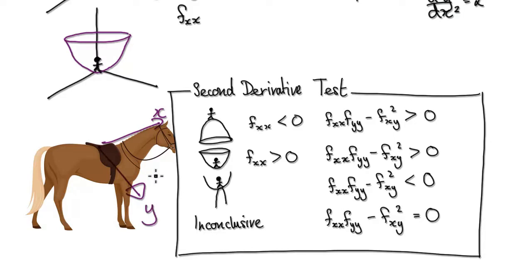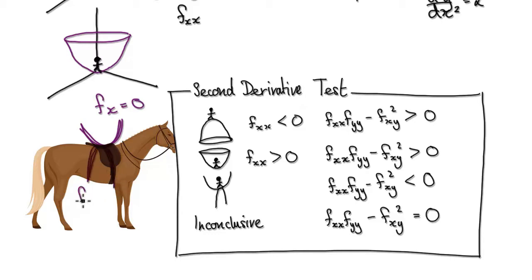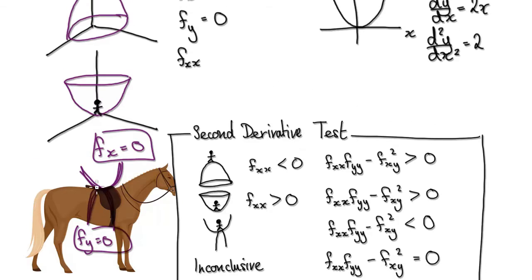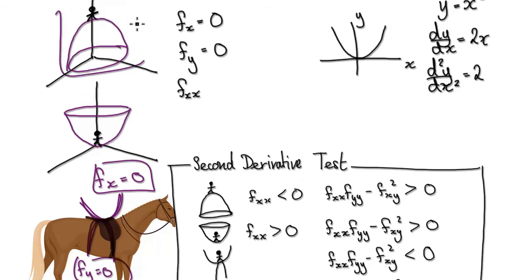So you can see that the concavity here will be 0. So here fx equals 0, and if you look at fy, it also equals 0. Just because these two are equal to 0 doesn't always mean it must be a max or a min. It could be a saddle point.